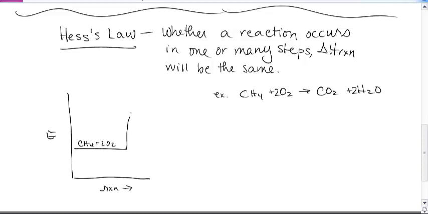We had a little activation energy, and here are my products because it was exothermic. So we ended up with less energy than we started with. Hess's Law says, great, the difference between here and here, that's delta H. And that's what it would look like if it happened in one step.